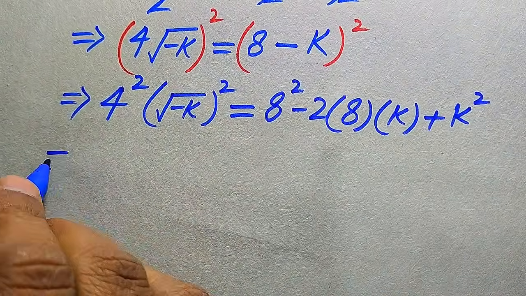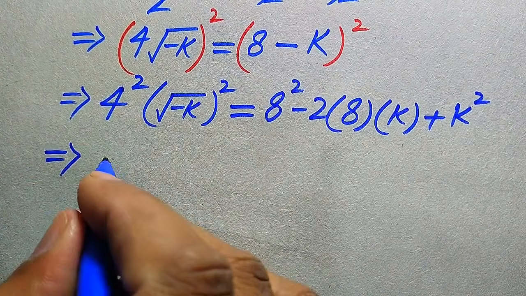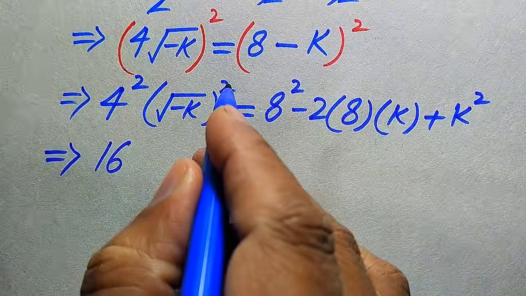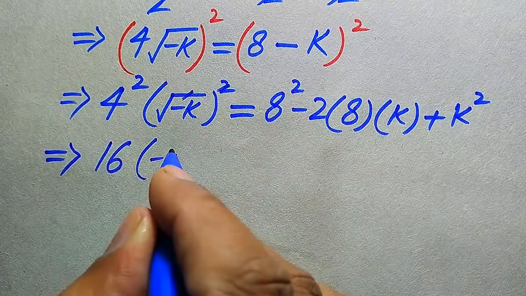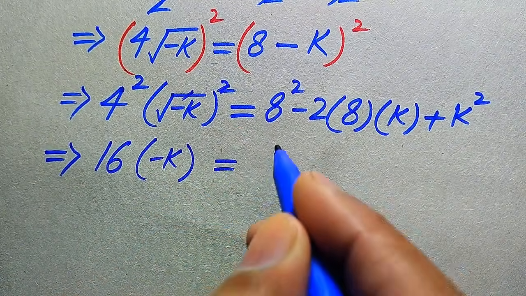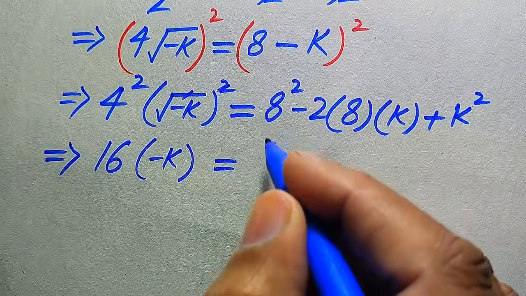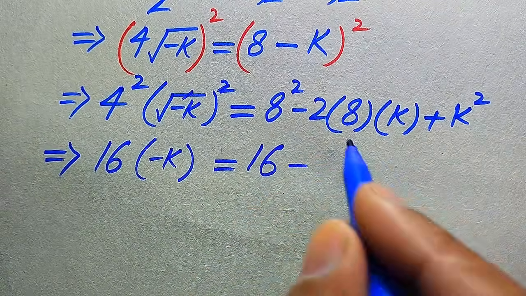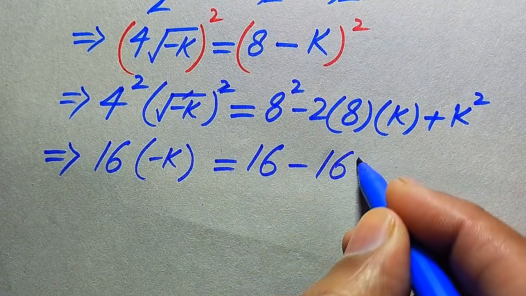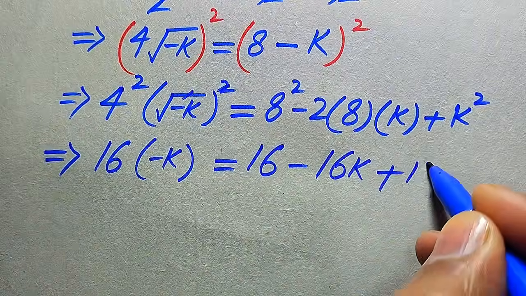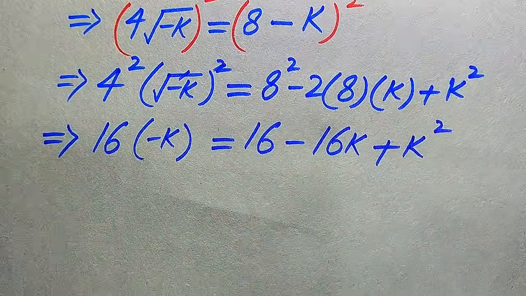And further in the next step we need more simplifications, and we get this 4 square becomes 16, and this 2 and square root are gone, and we get minus k is equal to, this is 8 square becomes 64 minus 2 times 8 becomes 16k plus this is our k square.